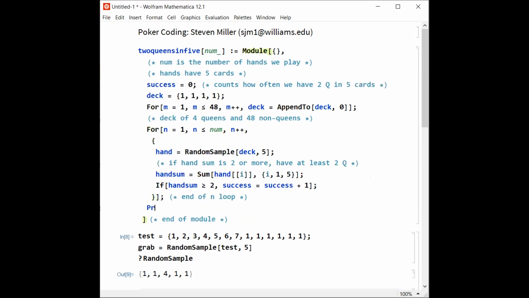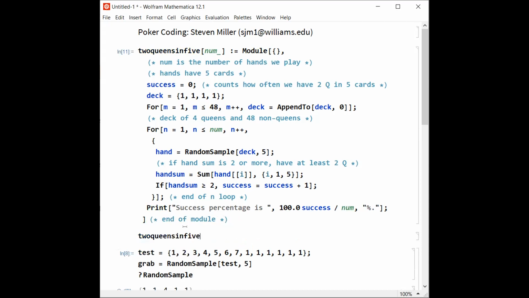Now print, we'll do 1 point, we'll do it by 100. This just sort of prints it up nicely. All right, so now if we do 1 million, that was what I believe was suggested.